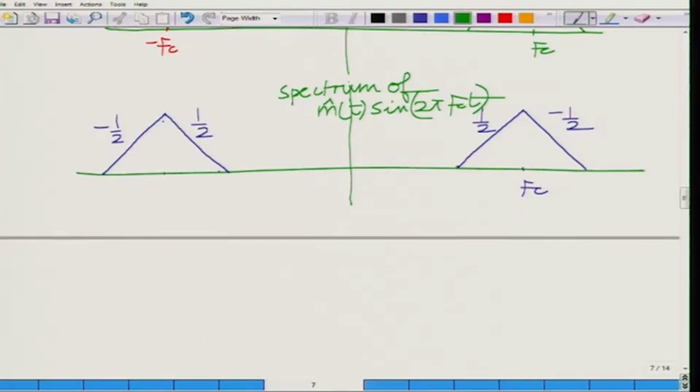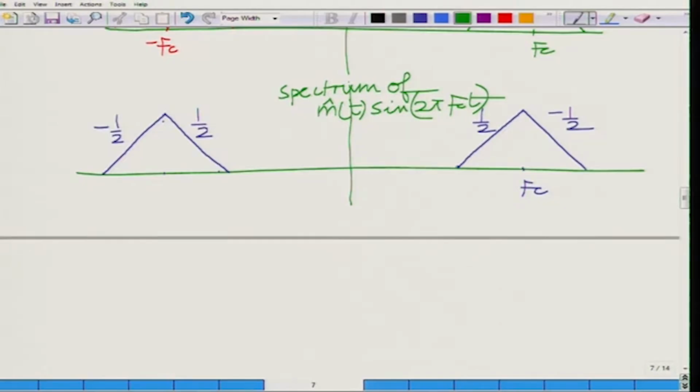This is the spectrum of m hat t sin 2 pi f c t. For this, first we have derived the spectrum of m hat t, which is minus j sgn f times m f, plus the modulation effect with respect to sin 2 pi f c t, that is shifting to f c multiplying by minus j by 2, shifting to minus f c multiplying by j by 2, and that gives us this final spectrum.